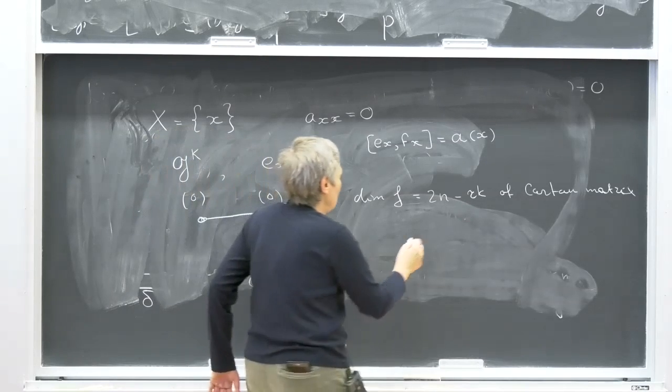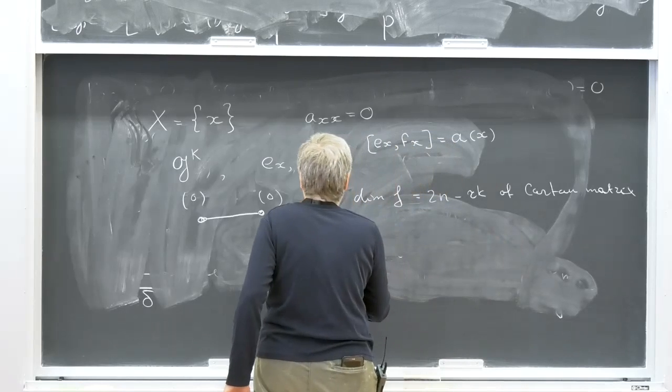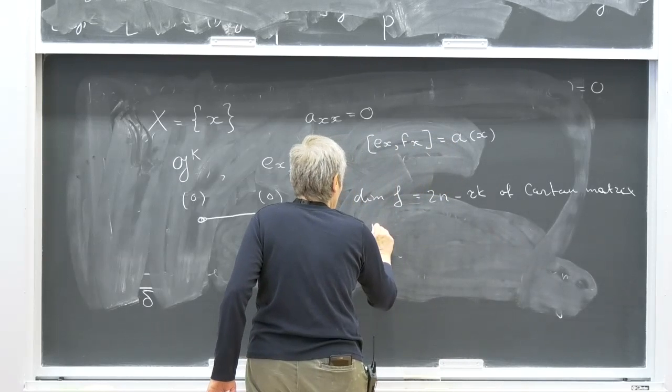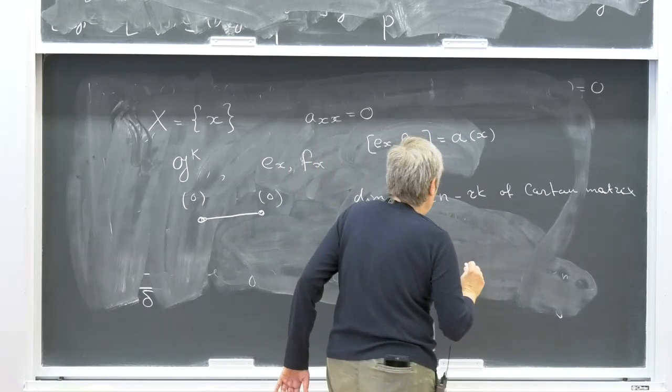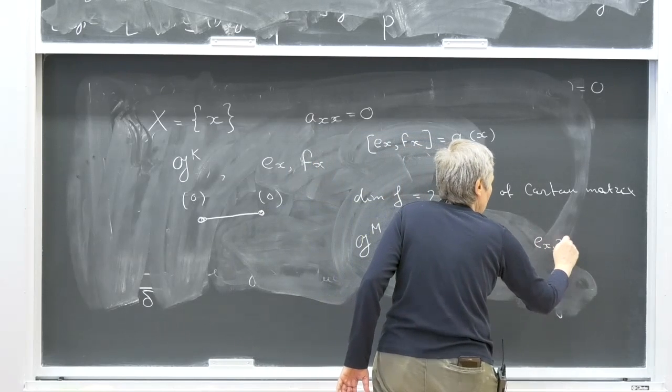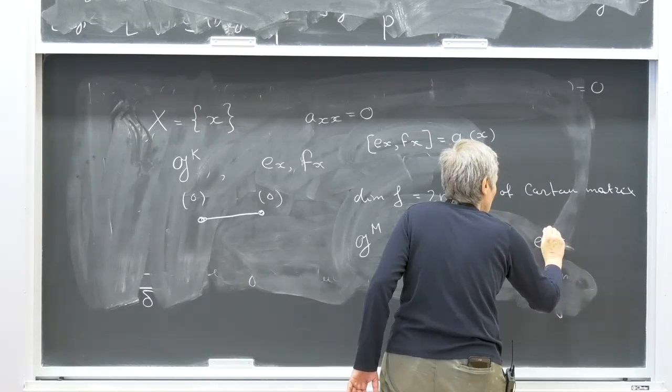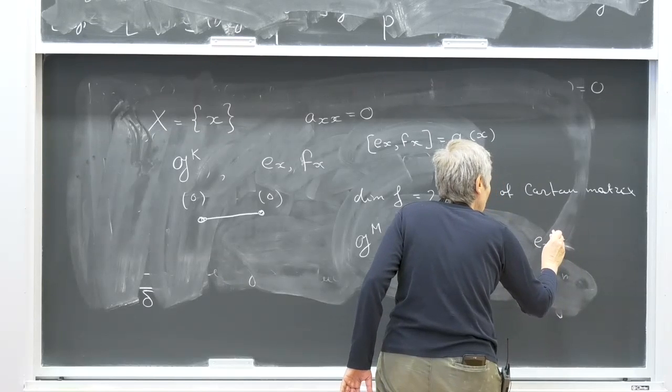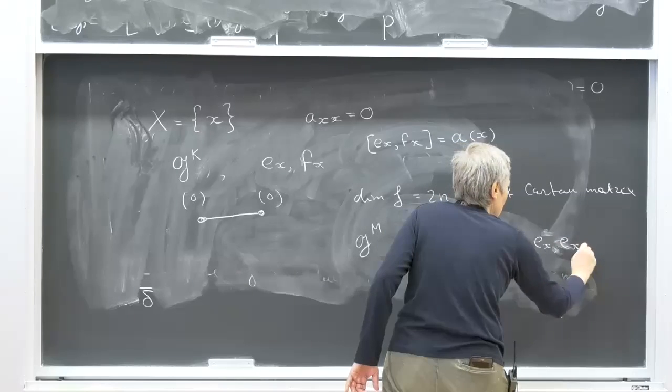not 0. So actually, g_M is five-dimensional, so it has e_x, the commutator of e_x with itself, which is actually twice e_x squared. But let me write it down this way.